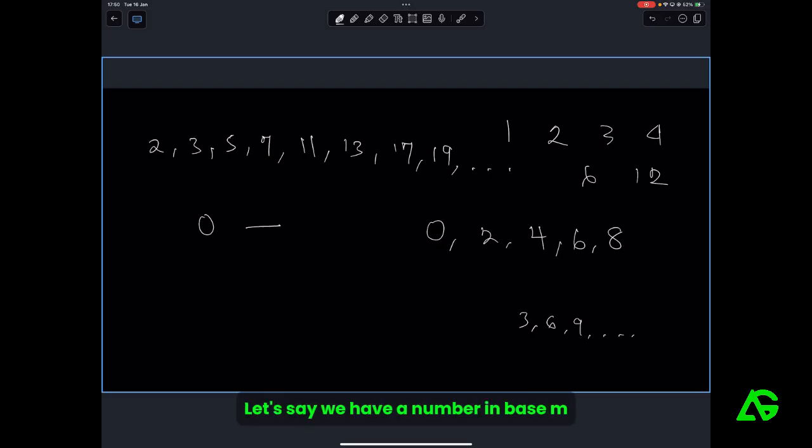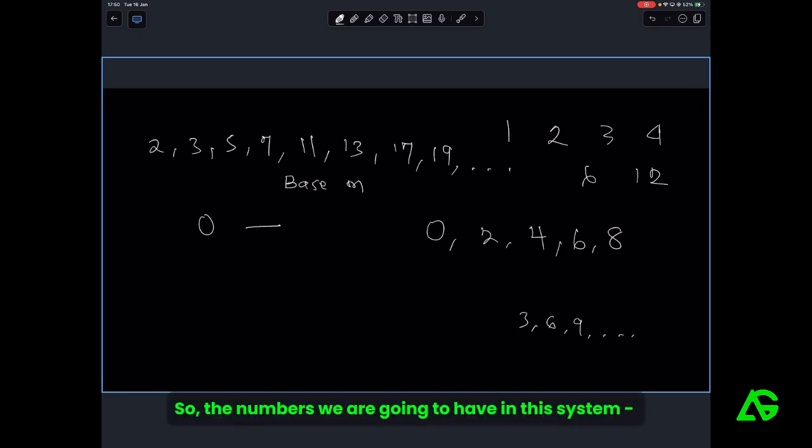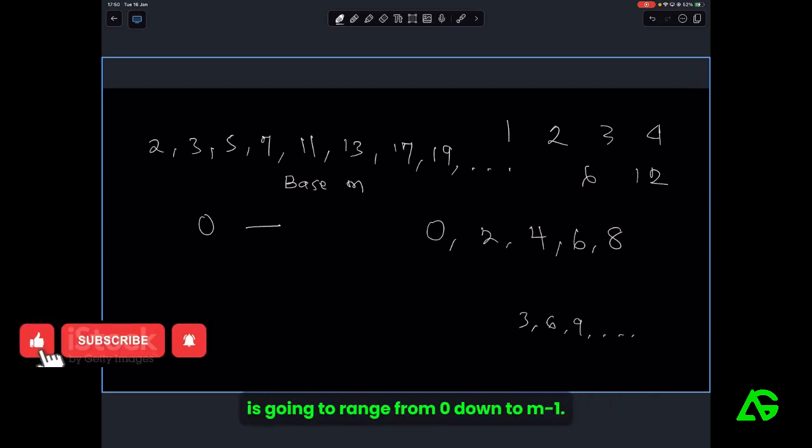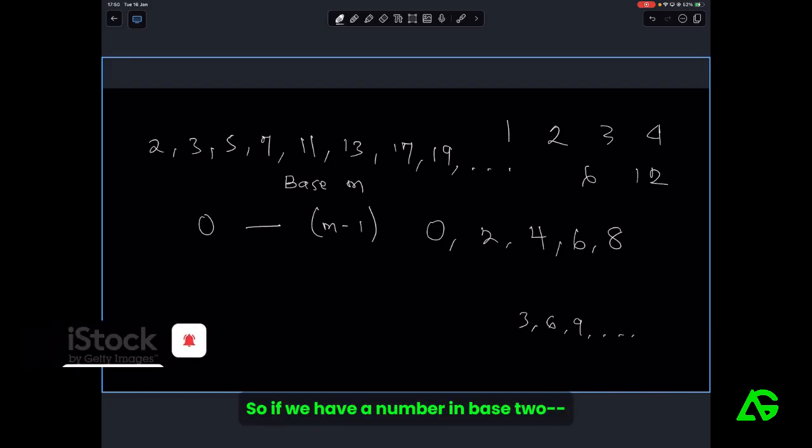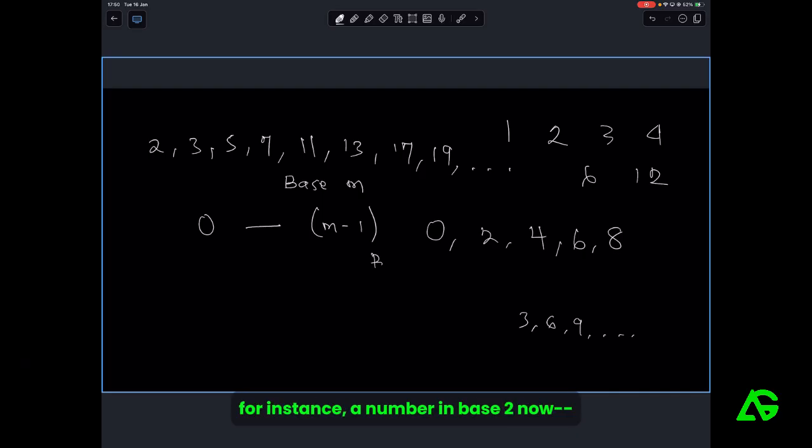Let's say we have a number in base m. The digits we are going to have in base m will range from 0 down to m-1.